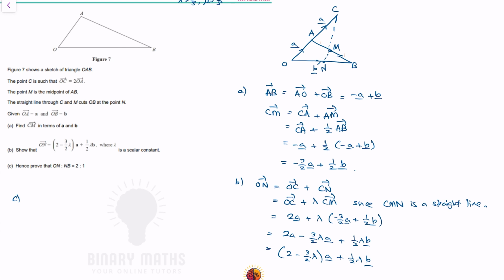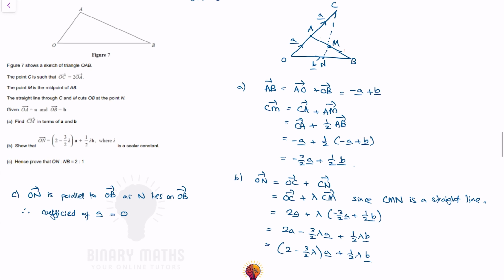Now O to N is parallel to O to B as N lies on O to B. Therefore, the coefficient of A must be equal to 0, because O to B is just B. So that means 2 minus 3 over 2 lambda must be equal to 0, which means 3 over 2 lambda is equal to 2, and 3 lambda is equal to 4, so lambda is equal to 4 over 3.